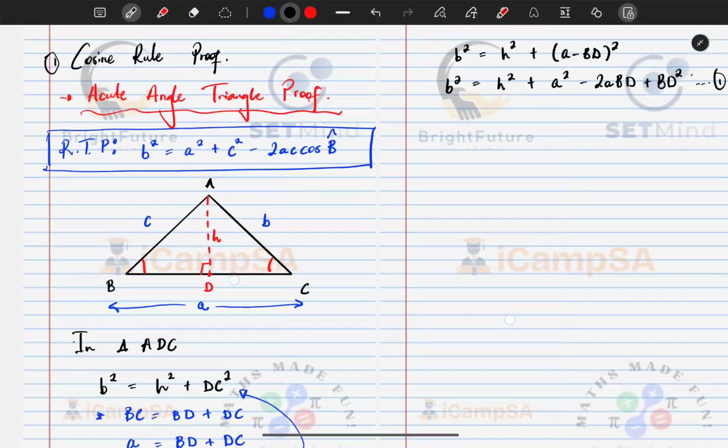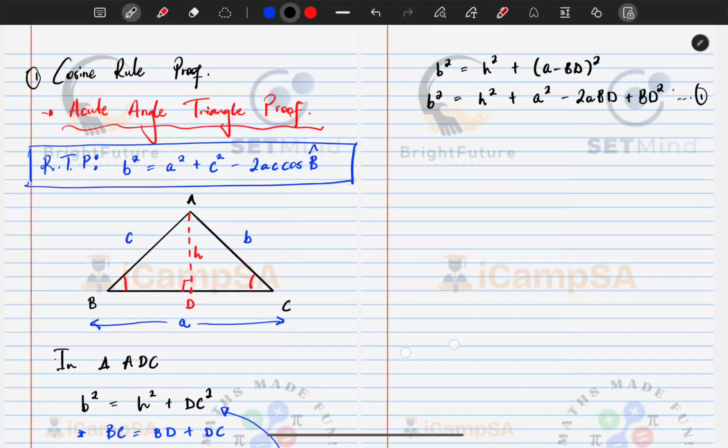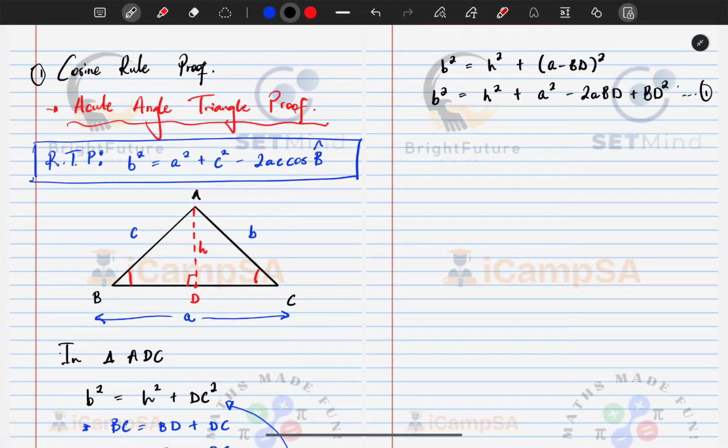So now I'm going to work on another triangle, which is going to be this triangle, right? So I will write here, now I'm in triangle ABD, and then I will use the same Pythagoras theorem.